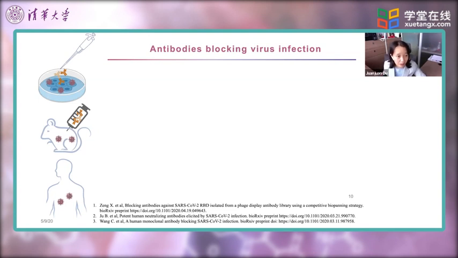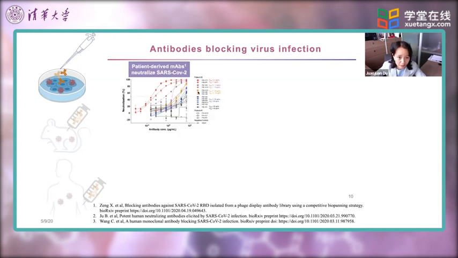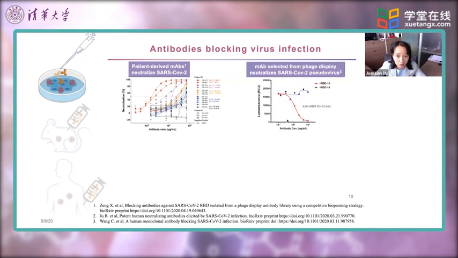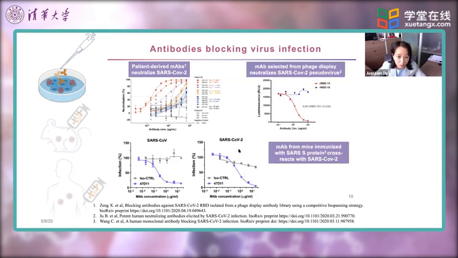The published results are mostly on cell culture. People have identified a lot of neutralizing antibodies from patients, from phage display, or from previously infected animals, like with SARS, and they can all neutralize the virus from infecting the cells.